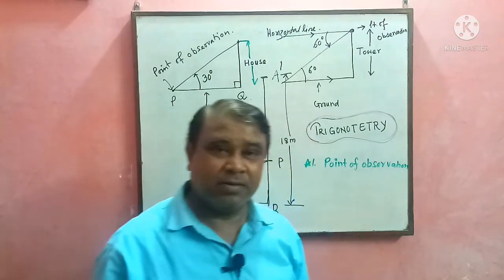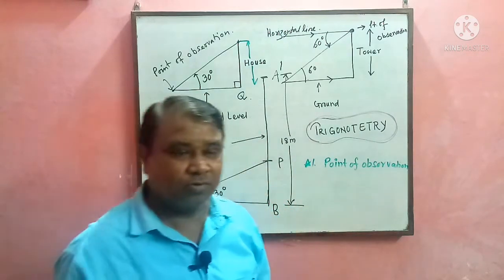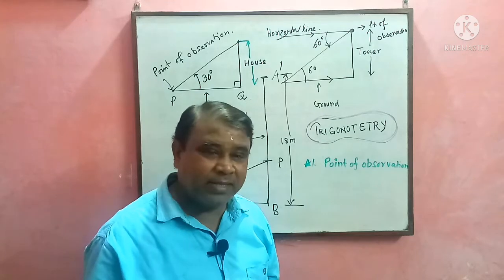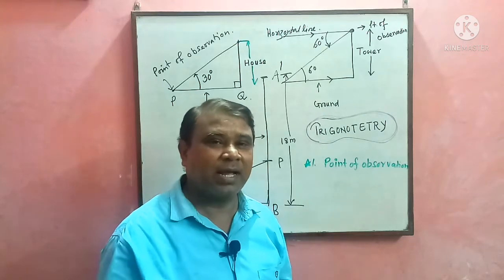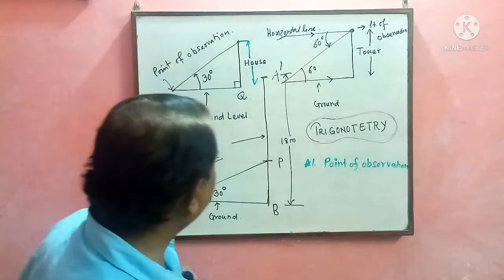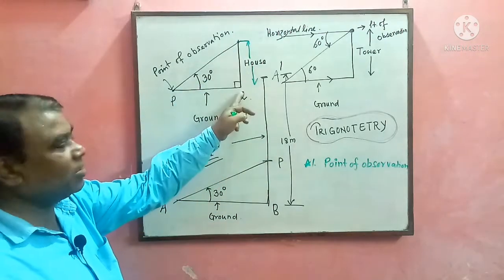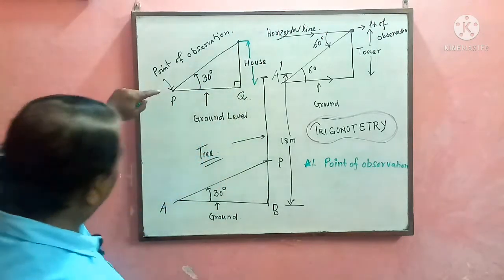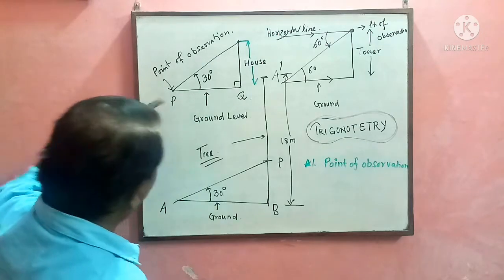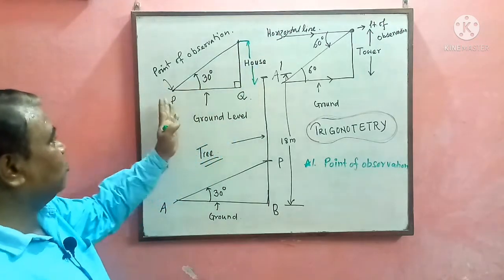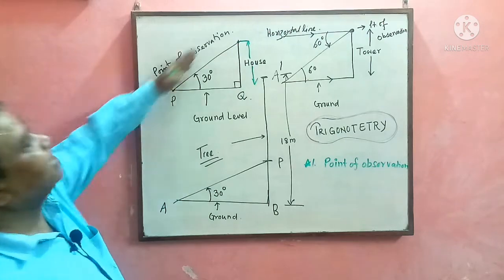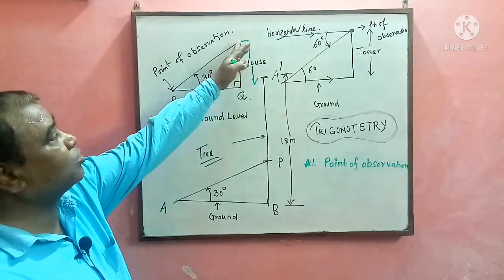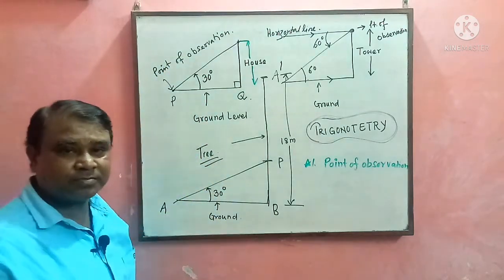So first of all you have to know anything standing on the ground makes an angle of 90 degrees. This house is standing on the ground, making an angle of 90 degrees. And from this point we are having a vision. We are raising our eyes to see the top of this house.